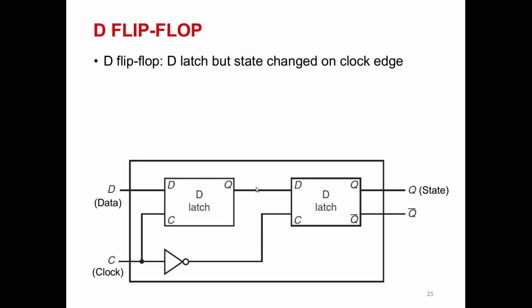So when this one is high, the previous value of Q from when the clock was low will be passed through this D latch and get from here to here and be available in the Q here.